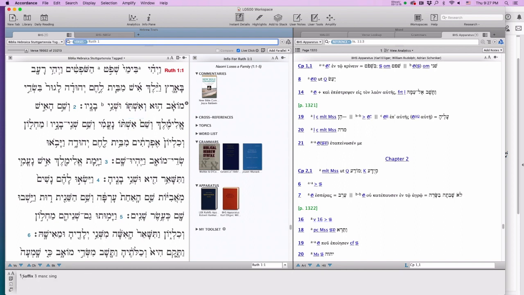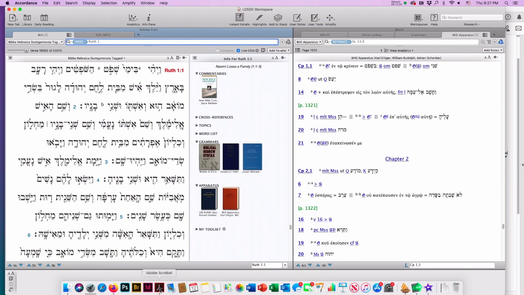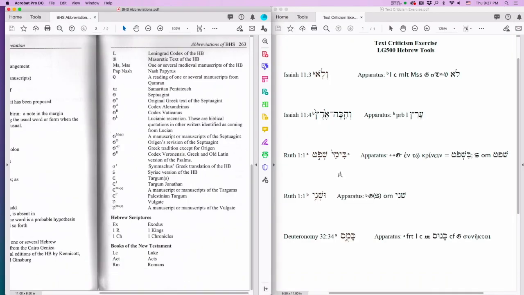And in the Hebrew it says, and his 2 sons. Okay. The apparatus is telling us that the Greek Septuagint, the Gothic G, and the Gothic S Syriac omit the word two. So they just read and his sons.